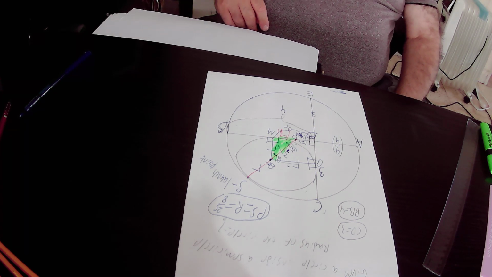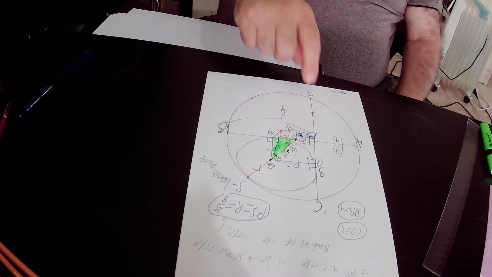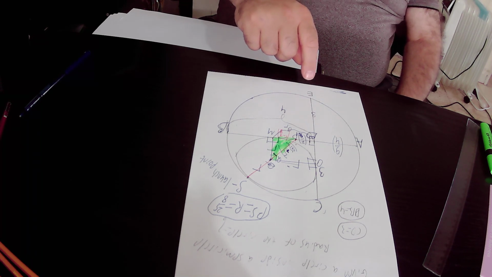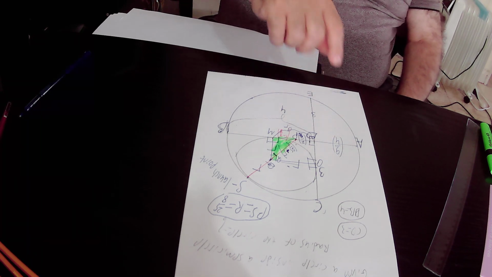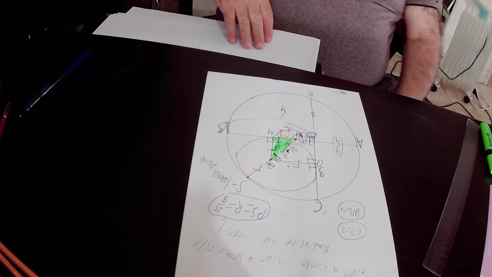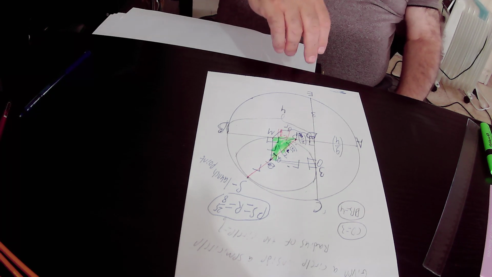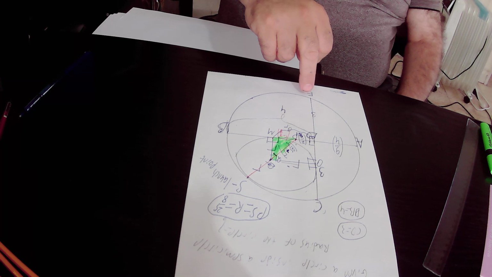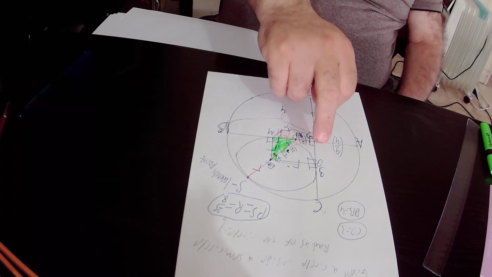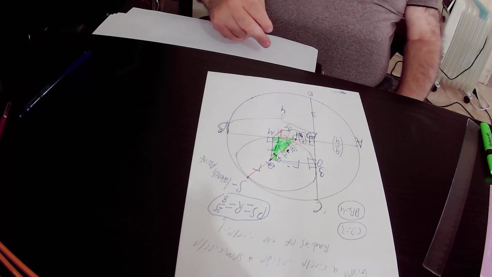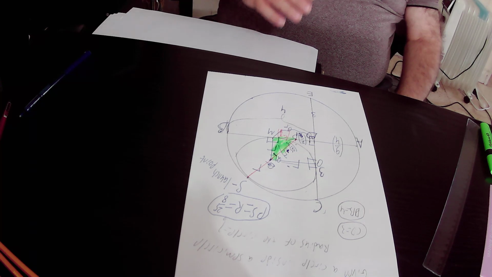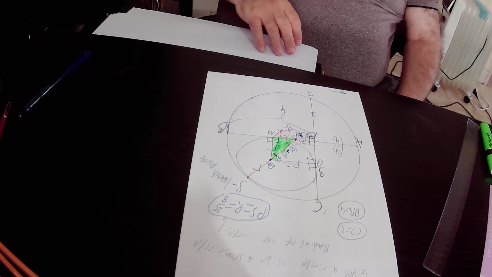For that reason, line segment DE is also the mirror image of line segment CD. Okay? Because DE is the mirror image of CD, it means that both line segments are equal to each other in their lengths.